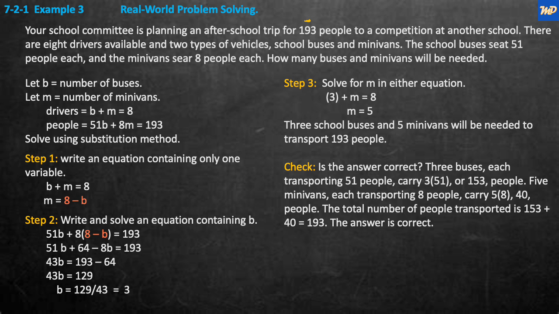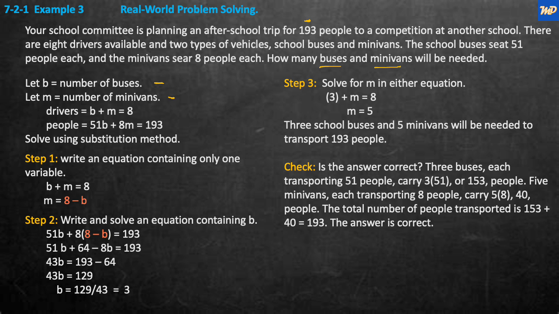What they want to know is how many buses and how many minivans are needed. So let B equal the number of buses we need, and let M be the number of minivans we need. So how many drivers do we have?